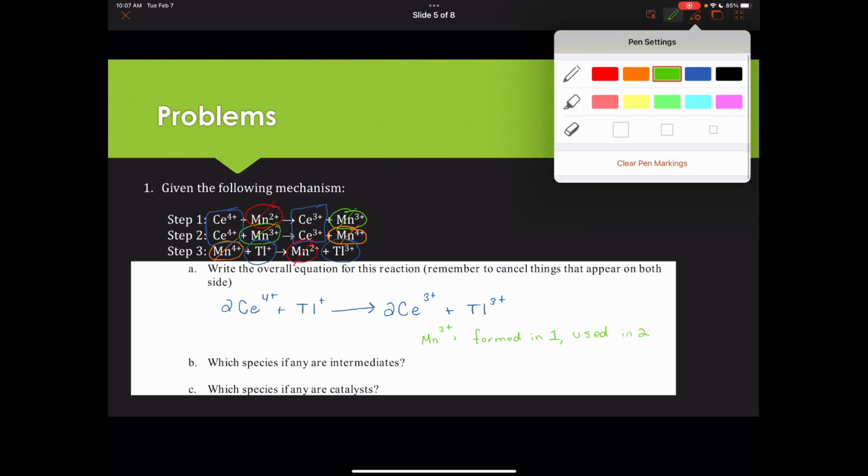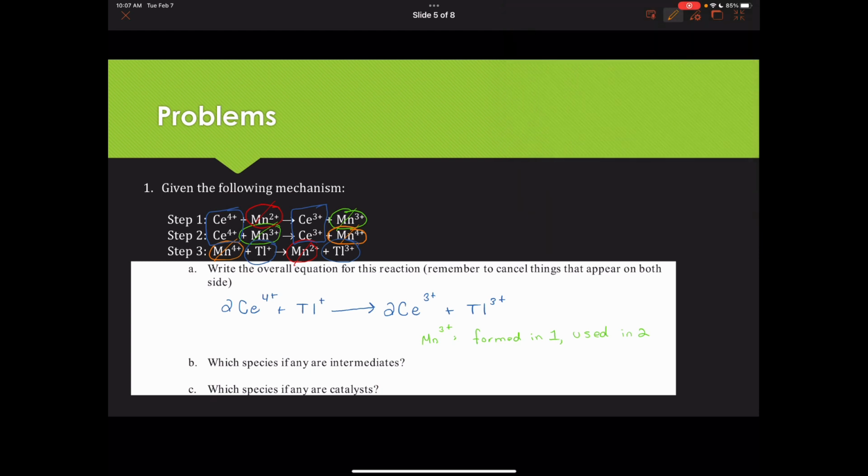Now that is not my only intermediate. I also have the Mn4+. The Mn4+ we formed in step 2, and we turn around and used it in step 3. So I have 2 intermediates here, the Mn3+ and the Mn4+.